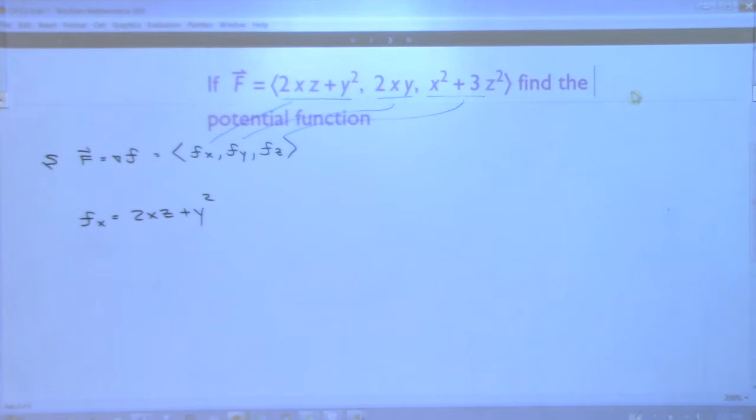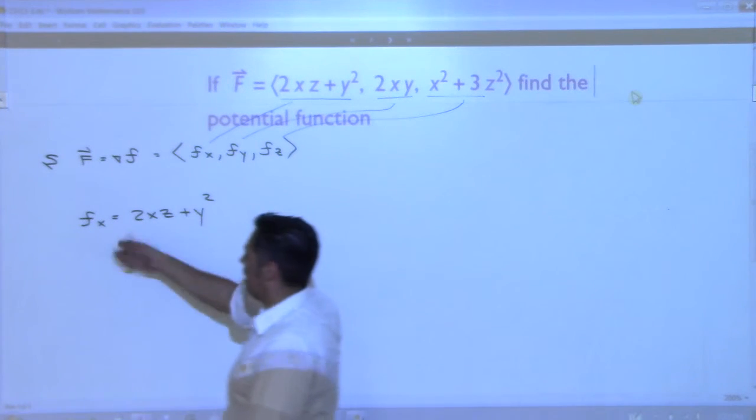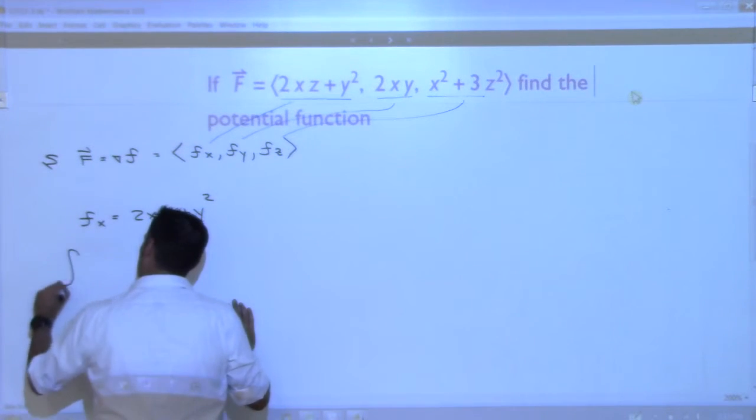Integrate that with respect to x, because we're trying to undo the partial with respect to x. So we integrate it with respect to x.